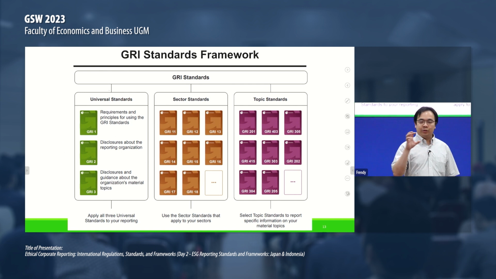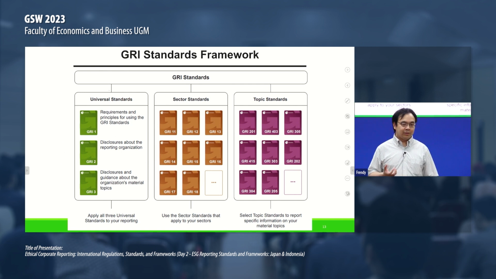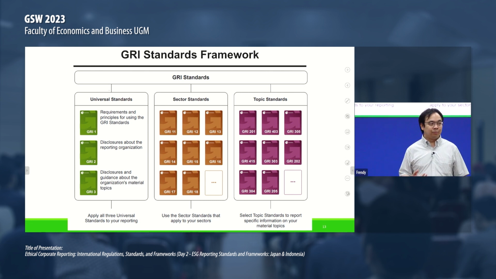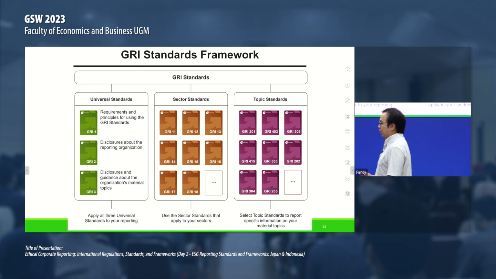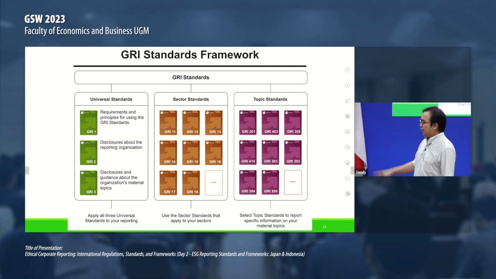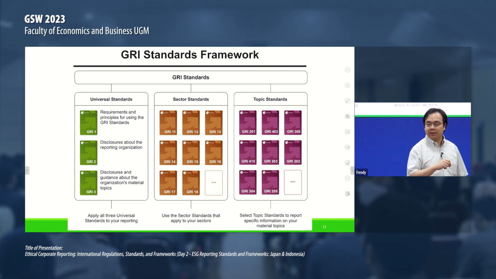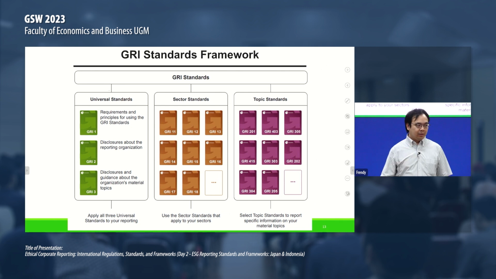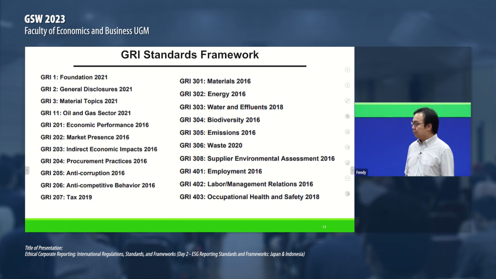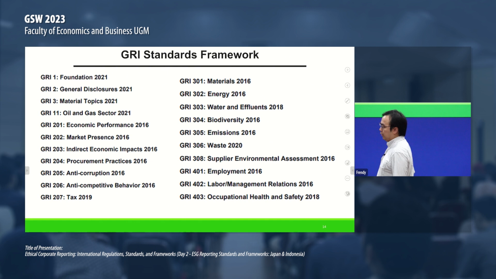So each industry will have its specific standards on what kind of information the company should disclose, right? And the final one, topics. Topics refers to what kind of specific items within each sector that companies should disclose. So this is how it looks.